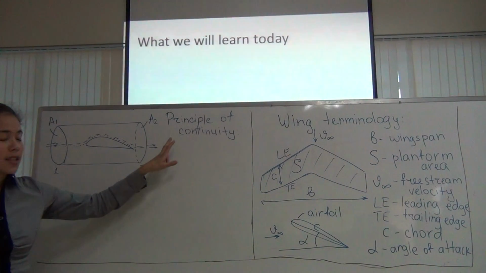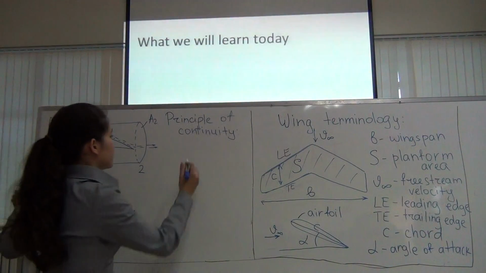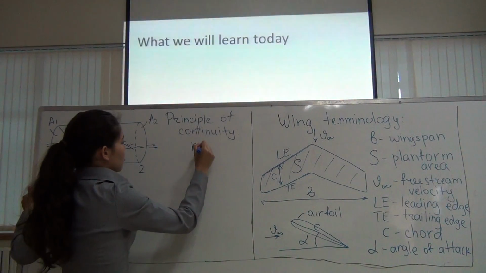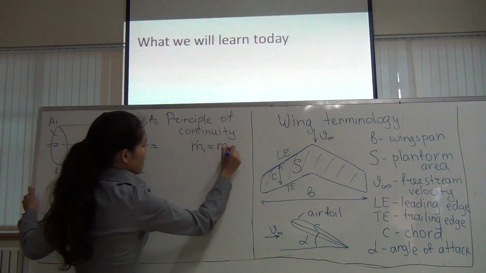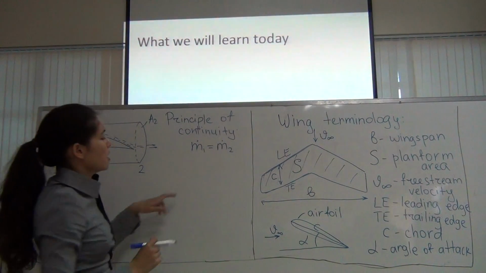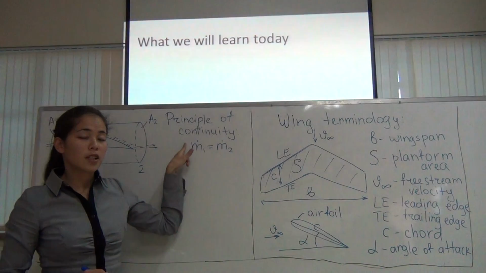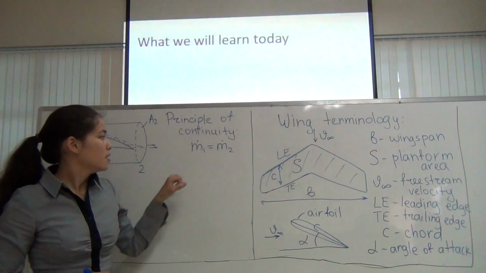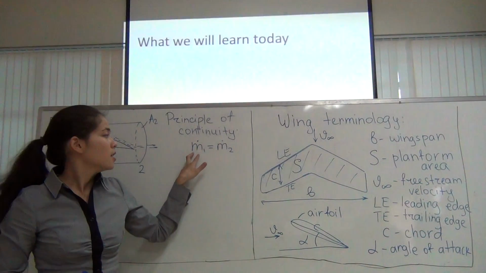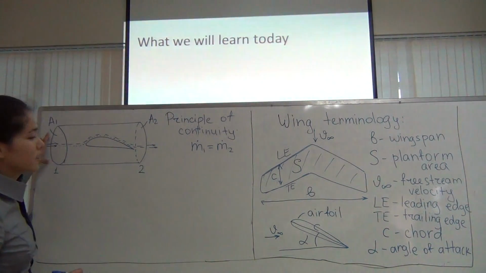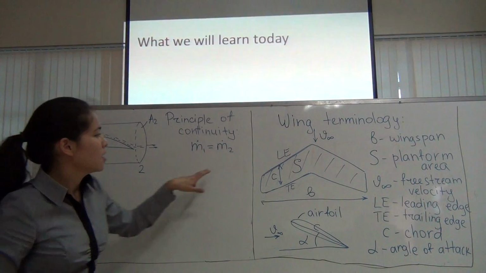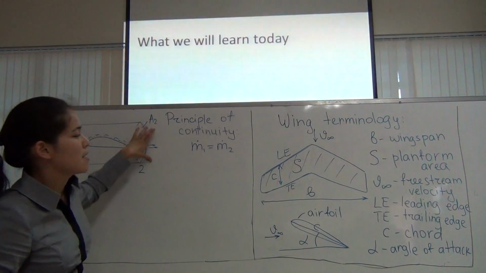So the principle of continuity will tell us that m1 dot is equal to m2 dot. That dot means the derivative with respect to time. So mass flow, how much mass is entering the wind tunnel per second, is equal to the same mass exiting the wind tunnel.